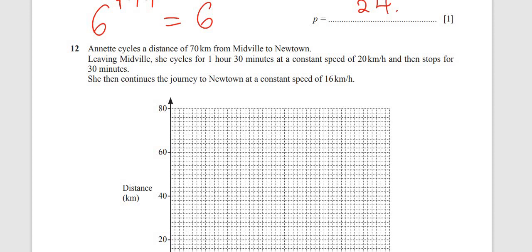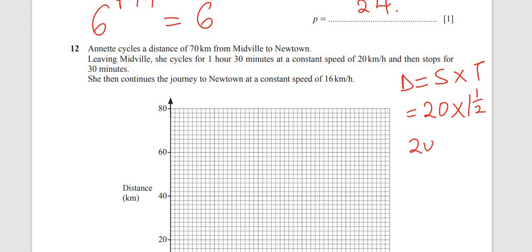To work out the distance, we need to multiply the speed by the time. So the speed is 20 kilometers per hour and the time is 1 hour 30 minutes. We have to make sure the time is in hours. So 1 hour 30 minutes is the same as 1.5 hours.